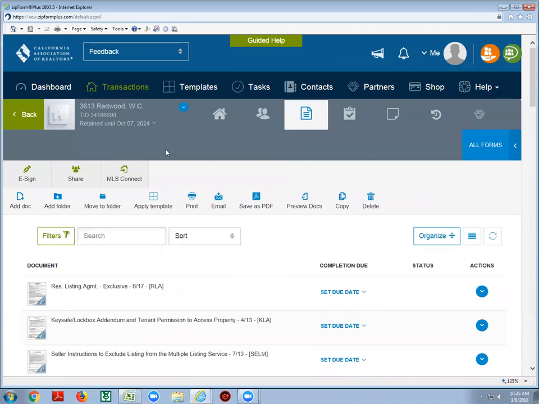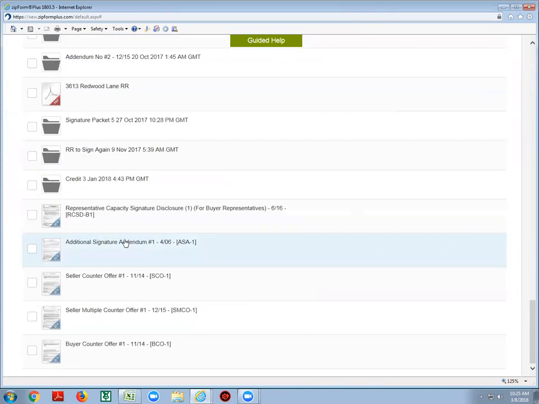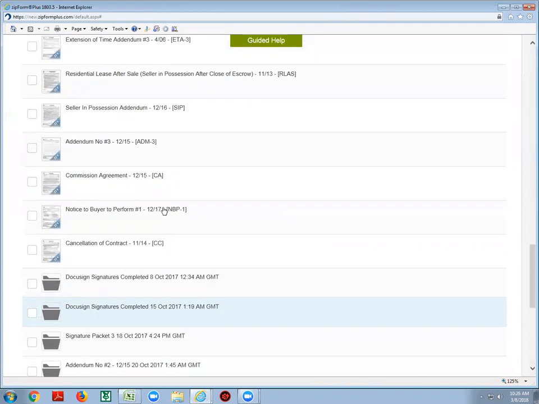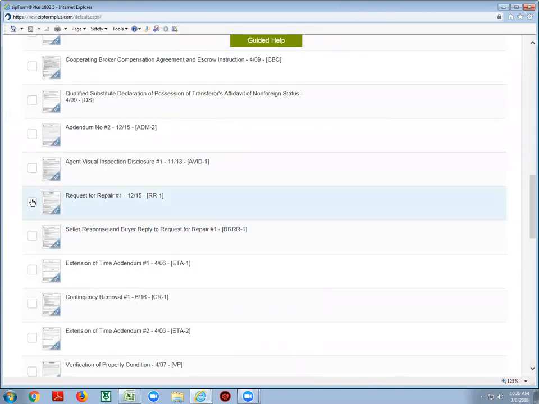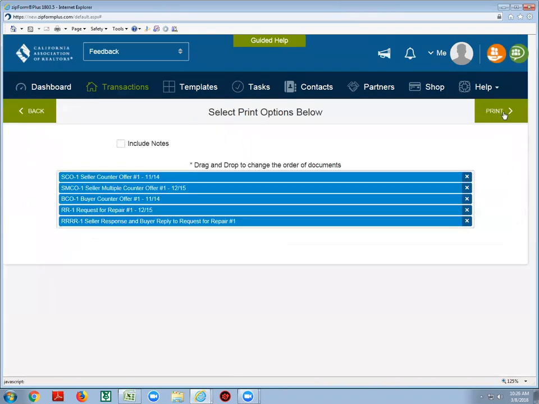And let's see if I want to print the form. Request for repair, so responding request for repair. Let me go and print those forms for now, and next time we'll print it out more.